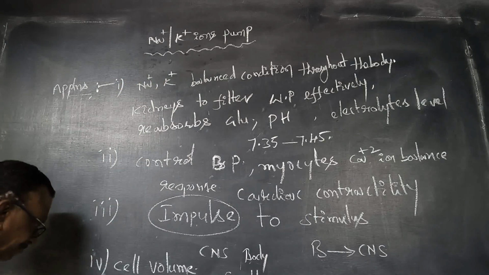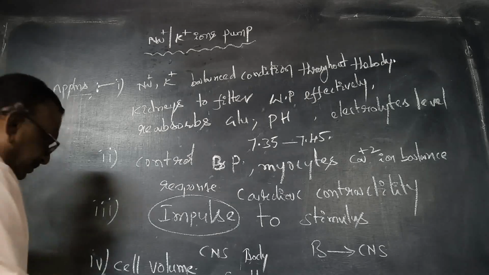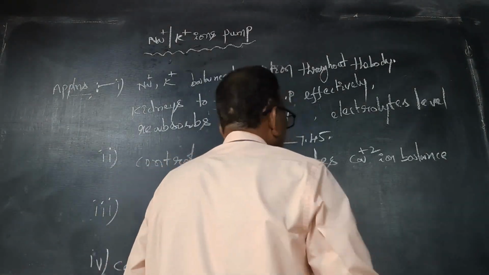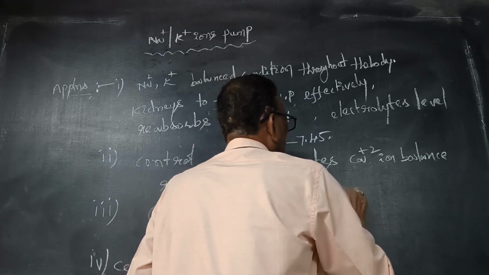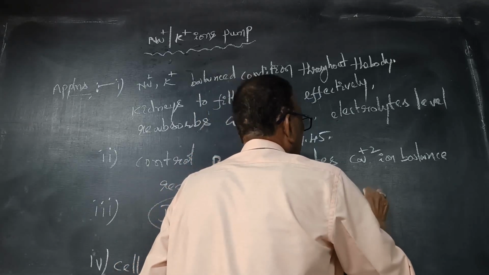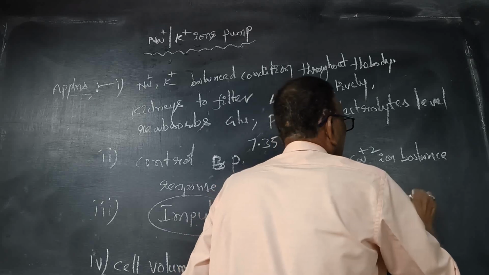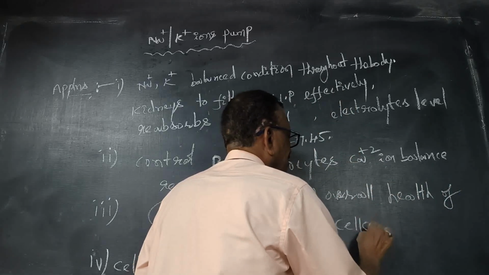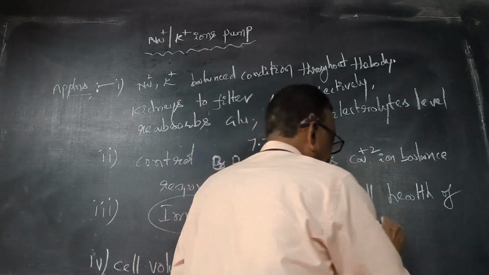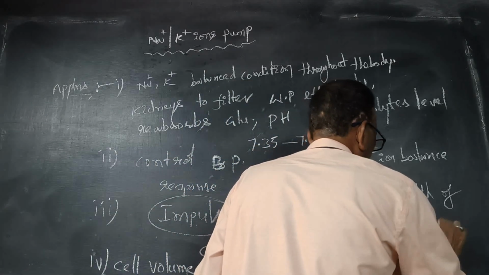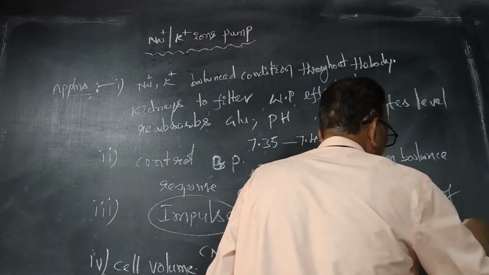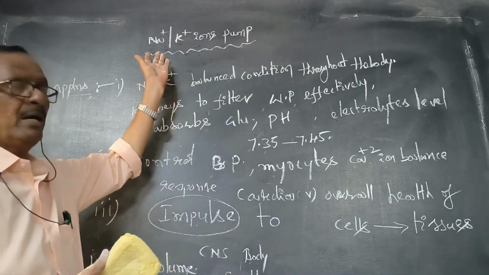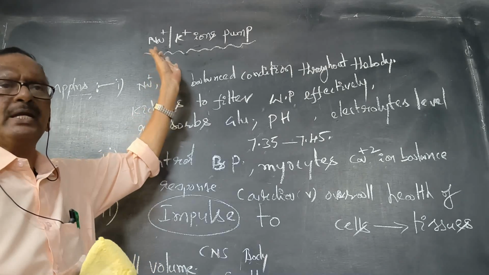Last and final, the fifth point is the overall health of cells. Cells constitute tissues, so if tissues want to work perfectly, then ion concentration must be maintained properly.